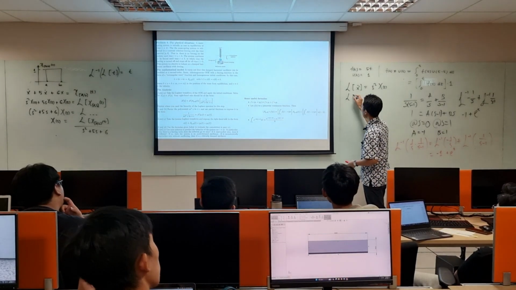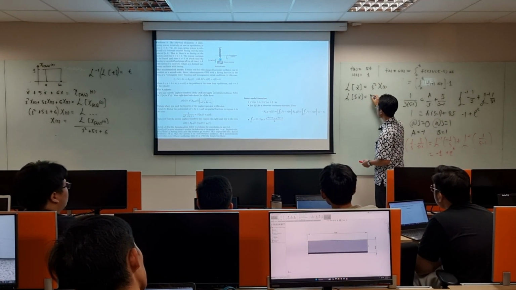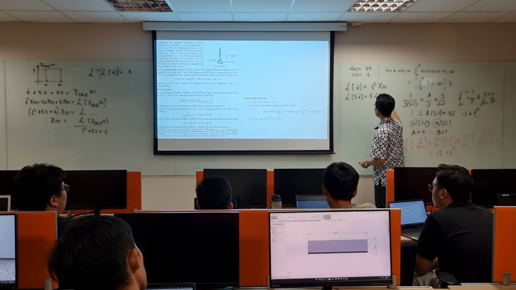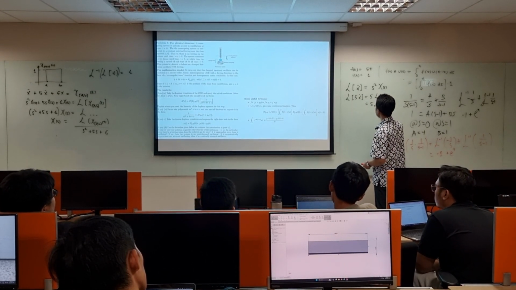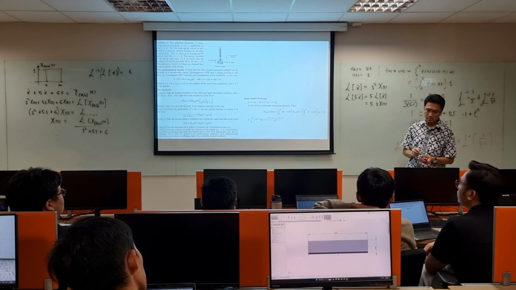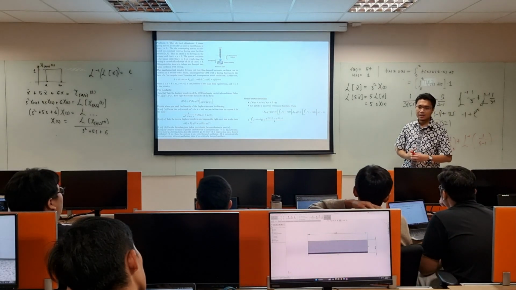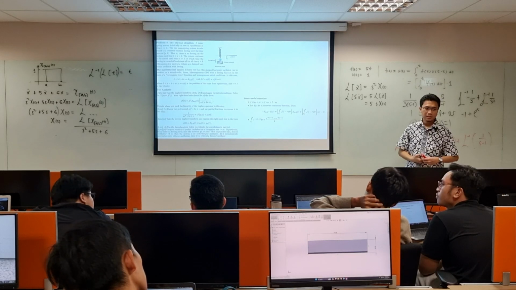But if we have 5x dot, the five comes out, so this is equal to 5 times the Laplace of x dot. So this is where the linearity is being used. That's what the problem asks you. You get it?